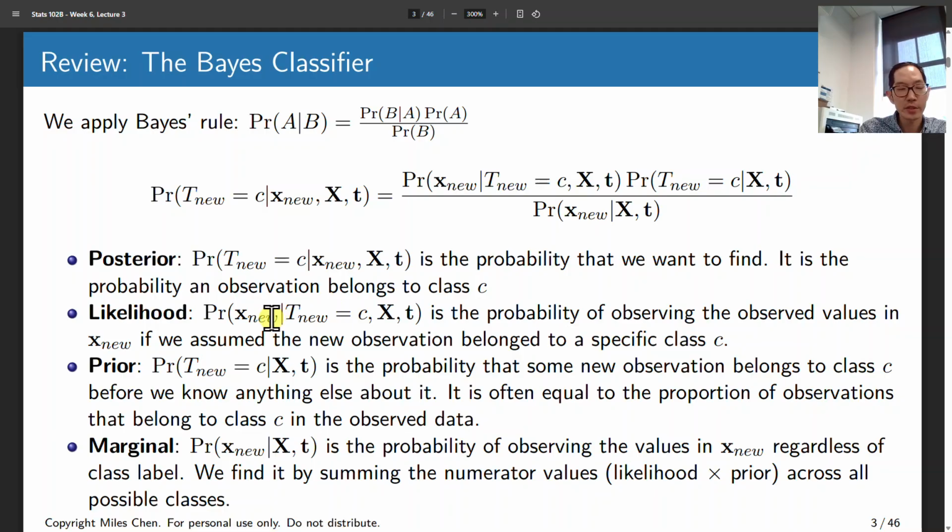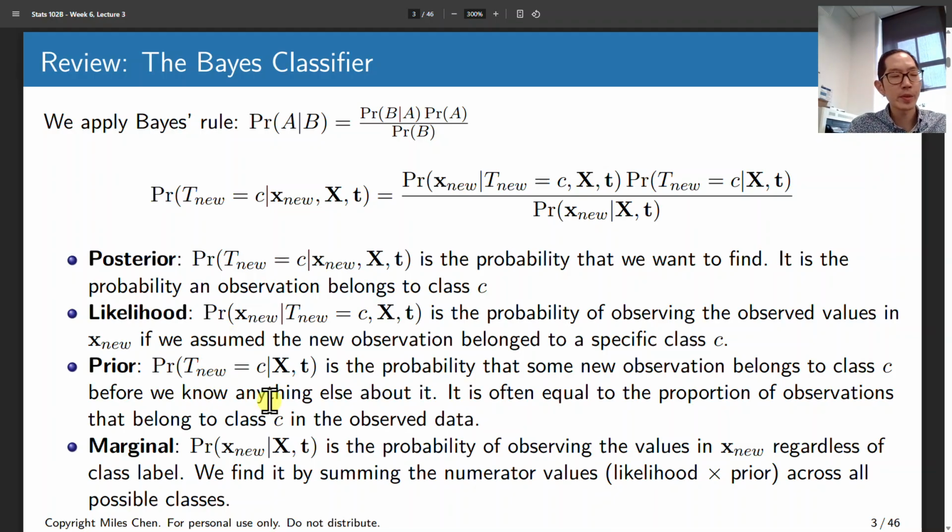The likelihood is basically the probability of getting these particular x values if the observation belonged to a particular class, and you consider all of the different possible classes. The prior distribution is if you didn't see the values of x, and we just asked what is the probability that something even belongs to a certain class?